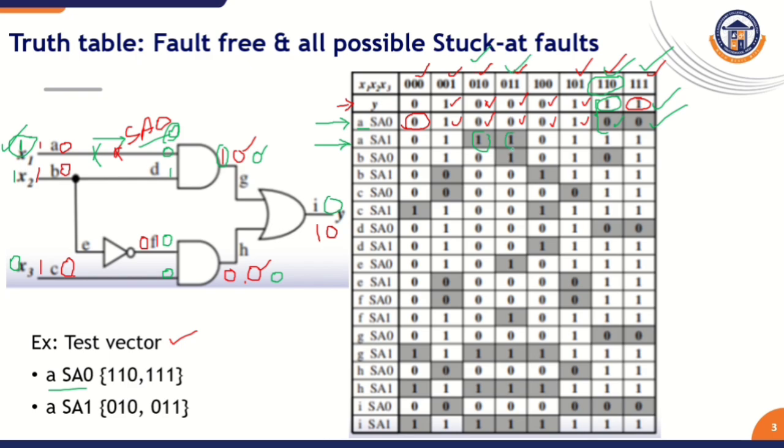At that time we get a different output response compared with our original response. So this is the test vector for the A line affected by stuck at 0. This is the test vector when the A line is affected by stuck at 1. In a similar way we can calculate the test vector for all the fault sites.